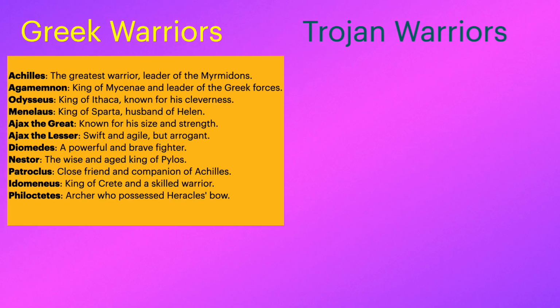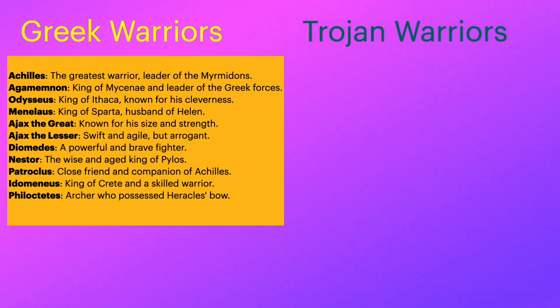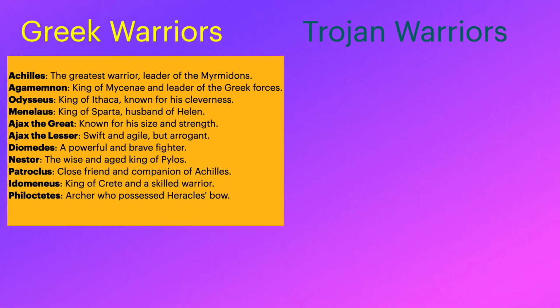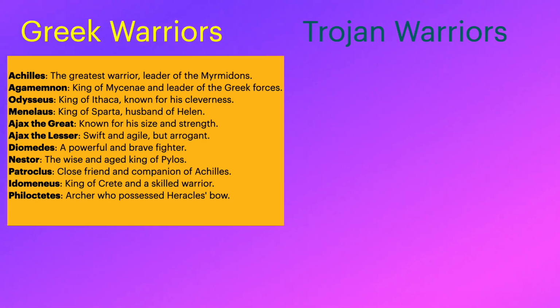The warriors who were involved in Trojan War, we need to know. On the one side, we have Greek warriors. On the other side, we have Trojan warriors who played very significant part in Trojan War. So number one, on Greek side is Achilles, the greatest warrior.